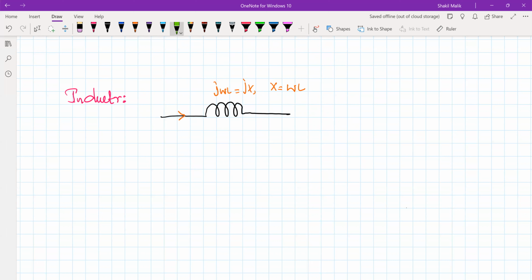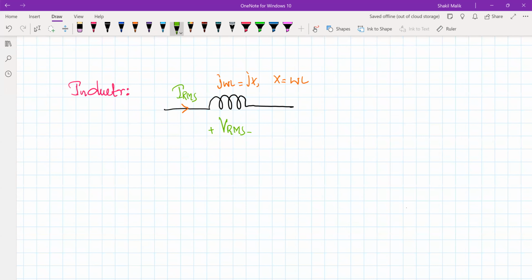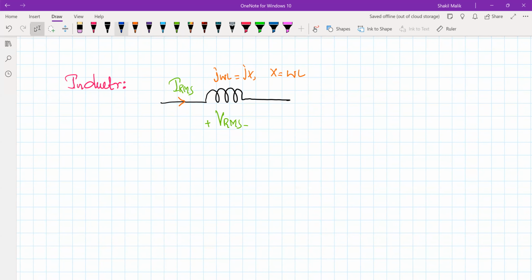If the voltage across it is VRMS and the current flowing through this element is IRMS, since we are given the impedance, we can use Ohm's law: V is equal to I times Z.